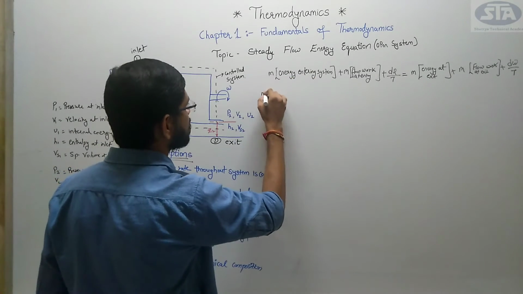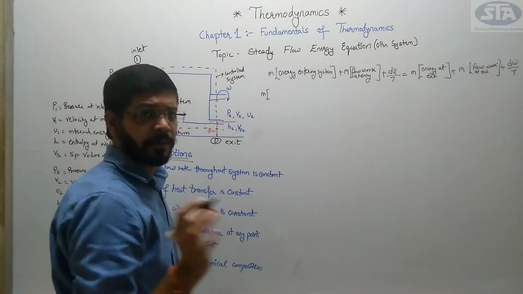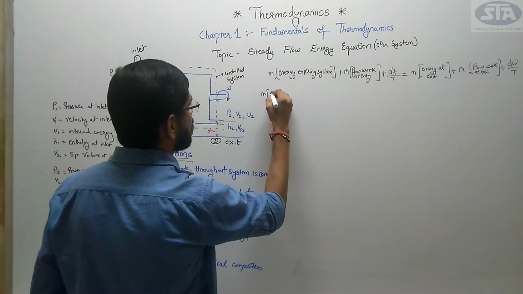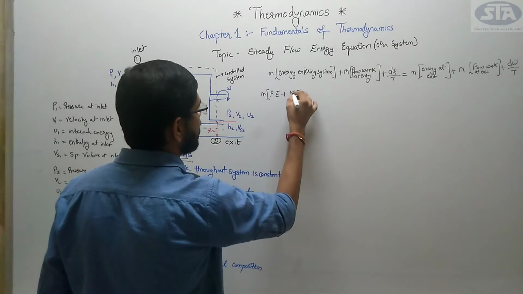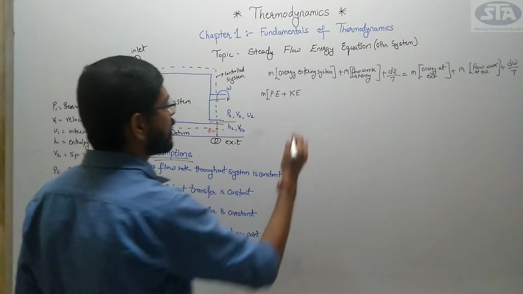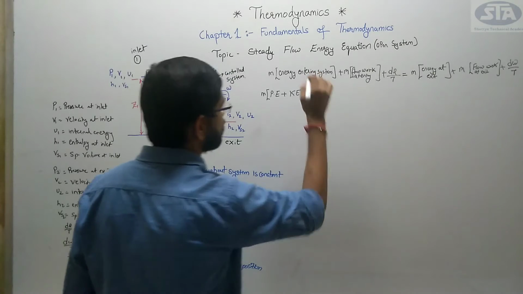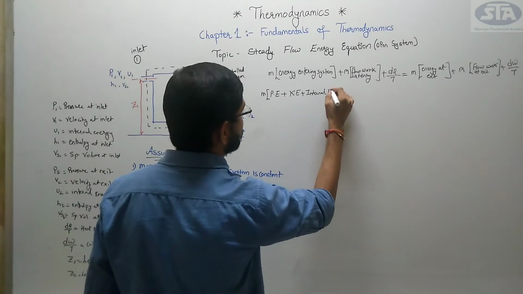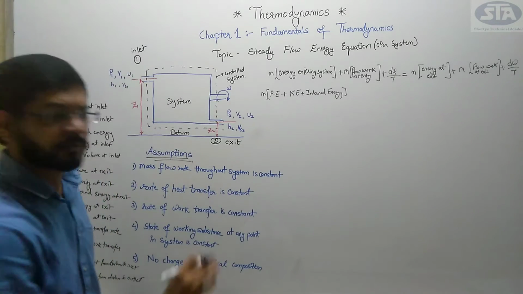Now, what is this energy entering into the system? Energy entering into the system is nothing but the energies we have studied yesterday in the previous lecture, right? That was potential energy plus kinetic energy plus the internal energy, right? This is my energy entering into the system, right?